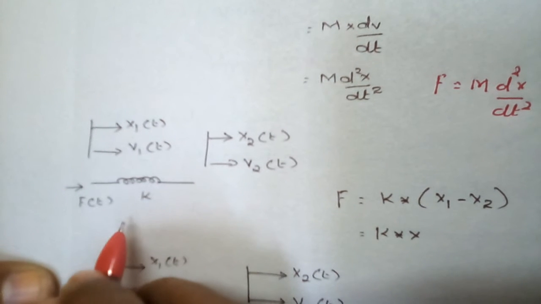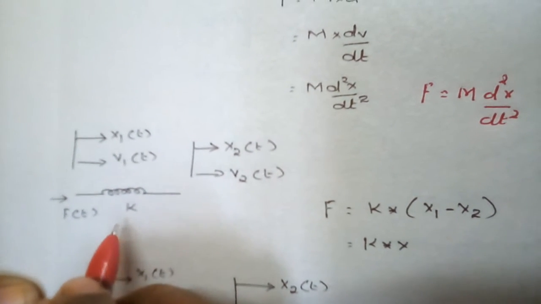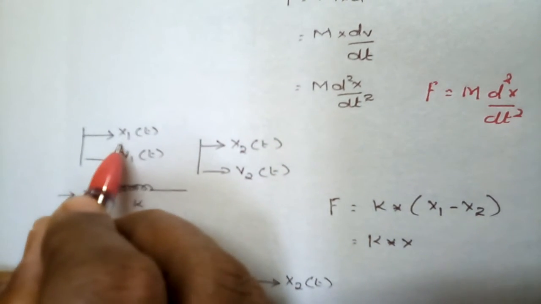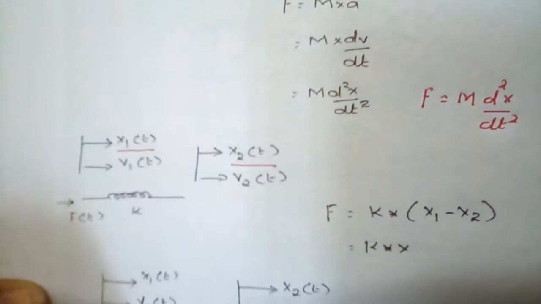Similarly, the next element is the spring element. The spring element is given by the notation K, as said earlier. In the spring element, the two ends are free ends. One end is given by the displacement x1 of t, and the other end is given by the displacement x2 of t.